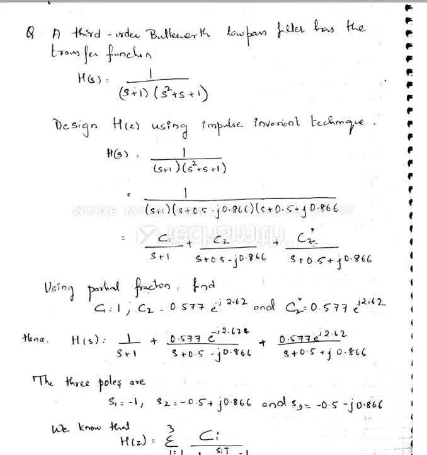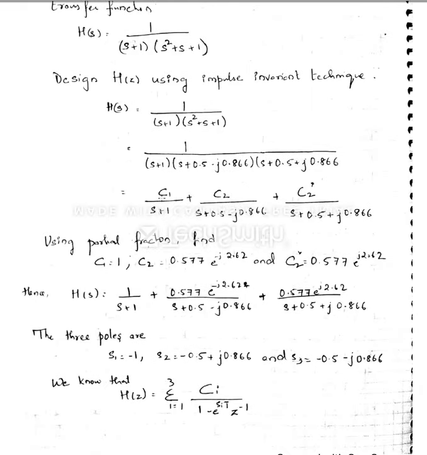It is the conjugate of your C2 because it is s plus 0.5 minus, here it is plus, so you can see this is a conjugate of this. So C3 is nothing but basically the conjugate. If you just find the value of C2, and take the conjugate of C2, you would obtain your constant C3.